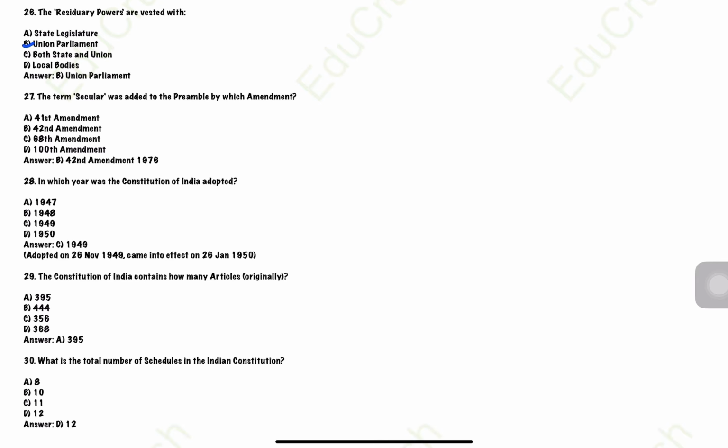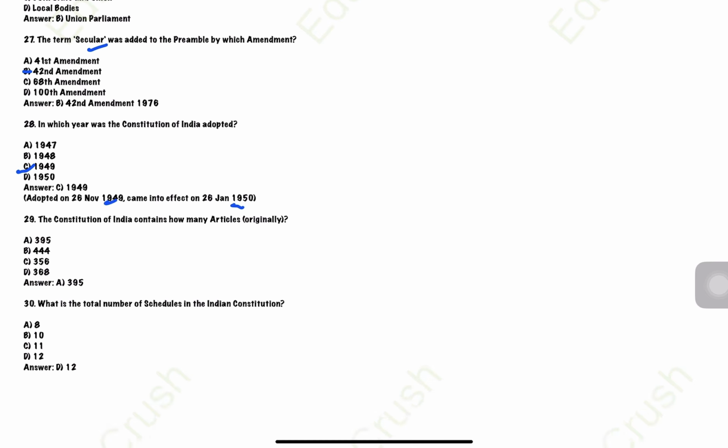The term secular was added to the preamble by which amendment? So 42nd Amendment 1976. In which year was the Constitution of India adopted? In the year 1949. So adopted on 26 November 1949, came into effect on 26 January 1950.